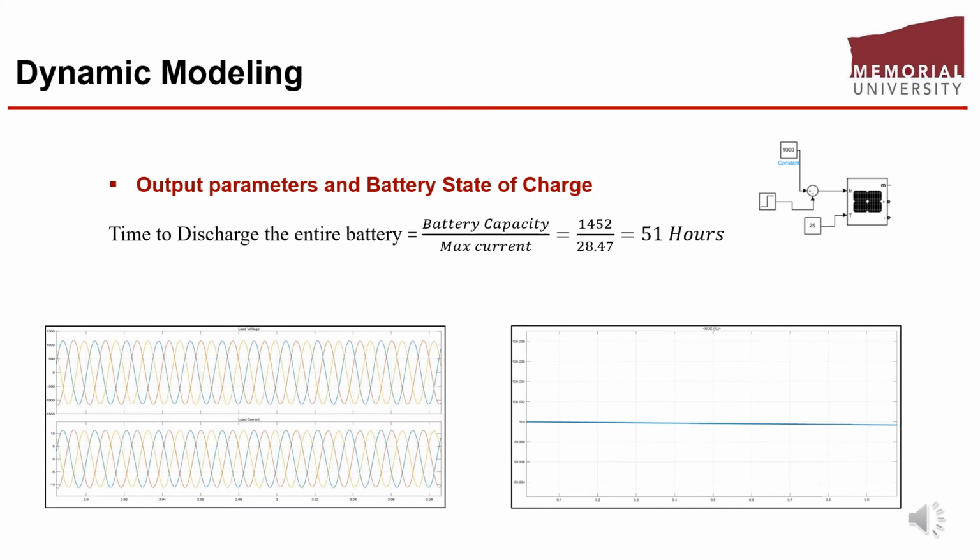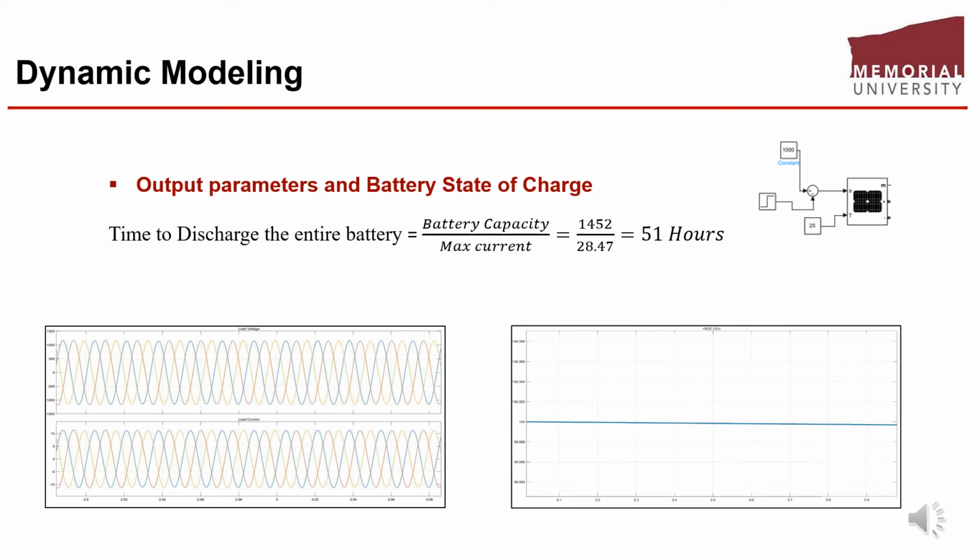And here we use a step function to decrease the solar irradiation from 1000 to 500 at the moment 0.2 seconds to check the output parameters and also the state of charge of the battery.